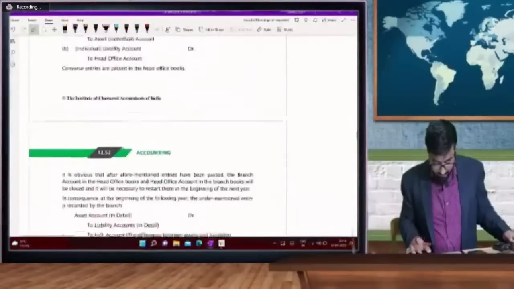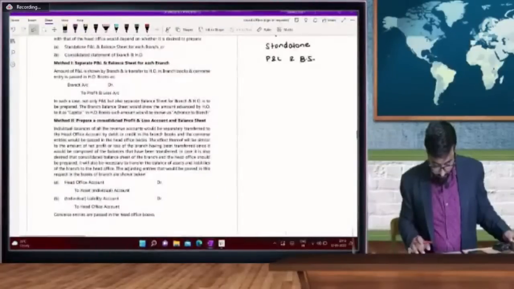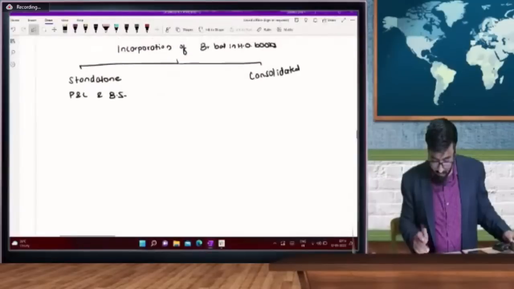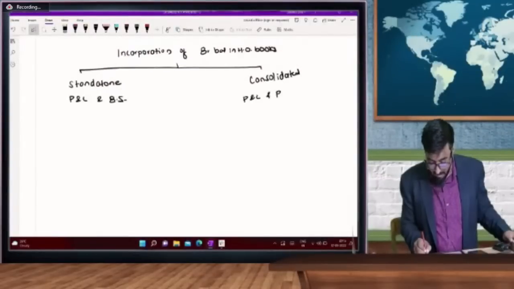Consolidated profit and loss account and balance sheet.